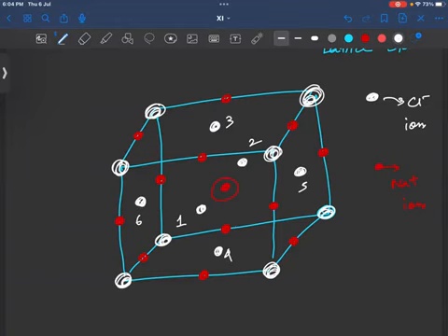So each Na plus is surrounded by 6 Cl minus. Similarly, if you take 1, this will be surrounded by 6 Na plus. समझ में आ रहा है? अगर मैं ये लैटिस ऐसे कंटिन्यू करूं पीछे साइड में, so it is continuous. ऐसे continuous structure होता है.